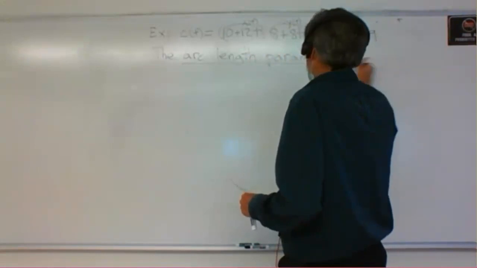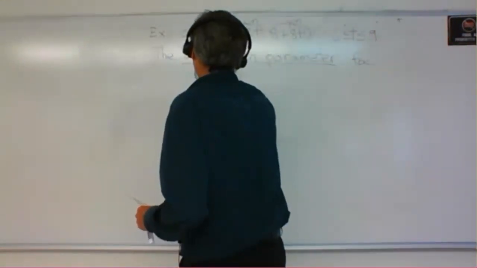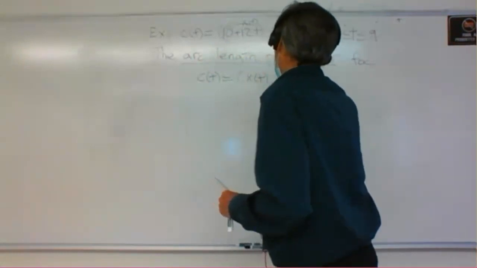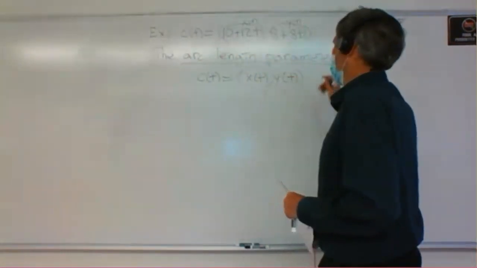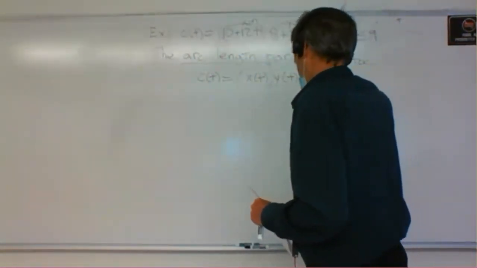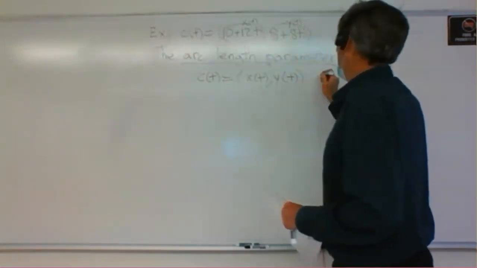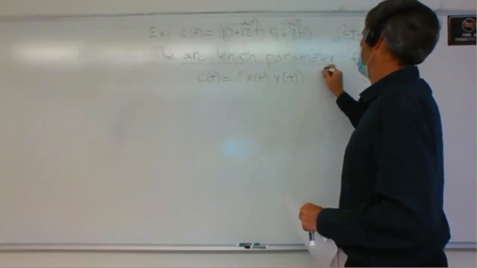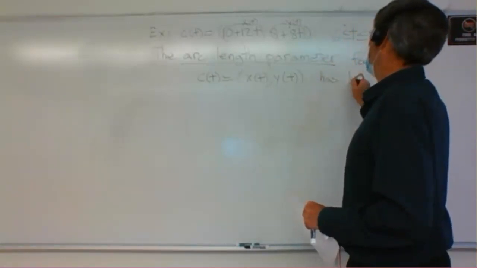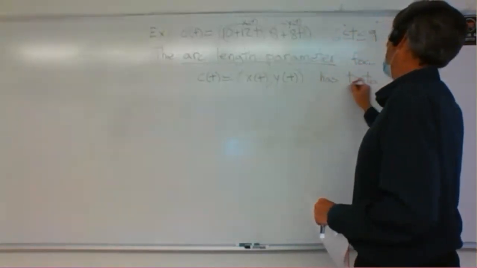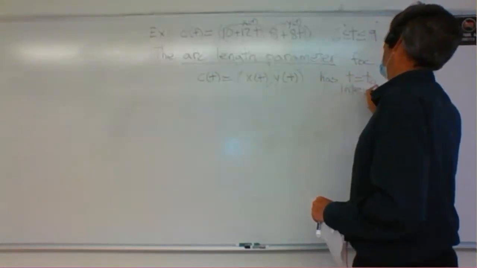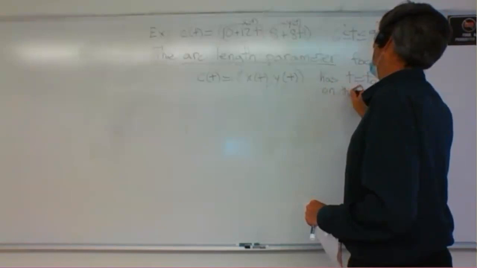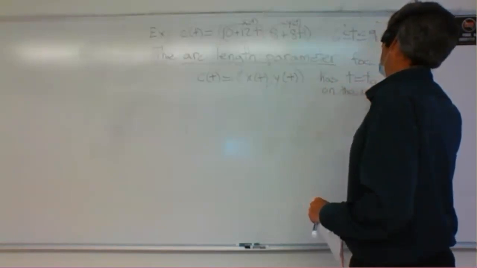for a curve C. Again, C of t given by an ordered pair x of t, y of t, t running from wherever, include that it goes through t equal t0, interior along the interval, or let's say anywhere on the interval of t values.